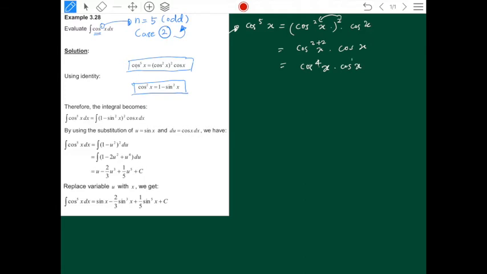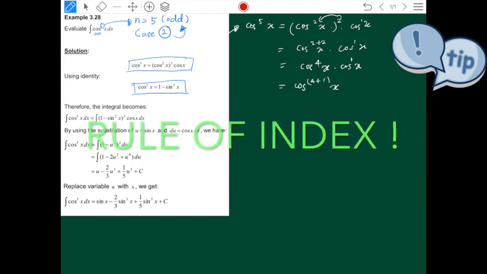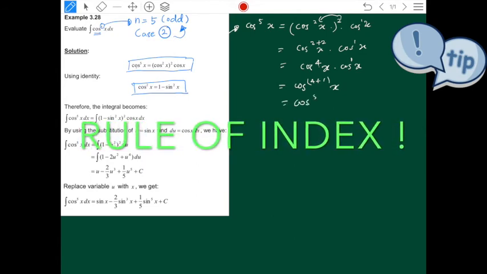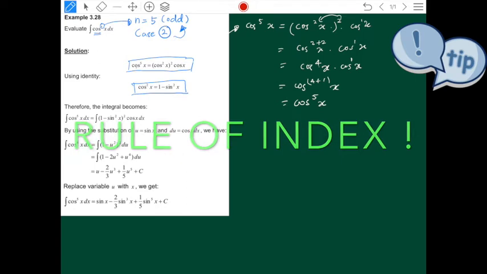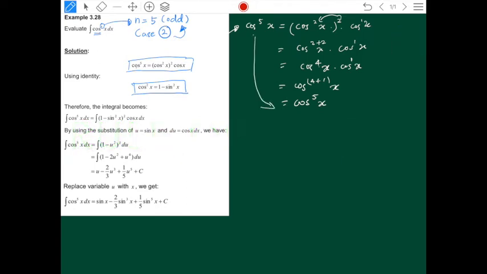So you can add it up like this, so it will become cos 5x. You'll get the original question here. Now move to this. So this is actually your first step, step 1.